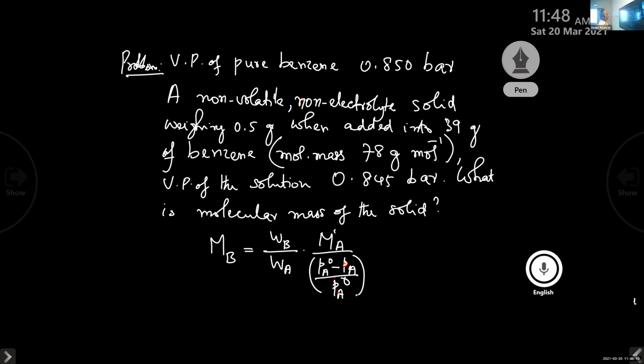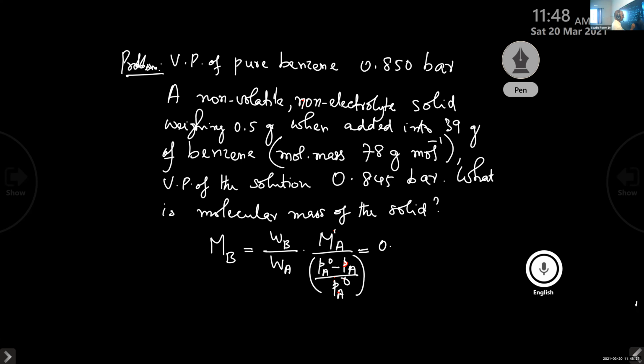Which values are given here? WB, that is the mass of the solute. What is the mass of the solute? 0.5 gram.